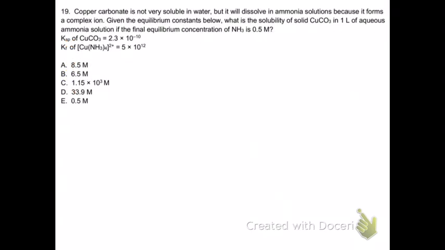In this problem, we're given both a KSP reaction and a KF reaction, and we're asked to find the solubility of copper carbonate if there is ammonia present to help facilitate dissolution. Whenever you're given a KSP and a KF, I recommend you write out both of the reactions. So for KSP, are we making it or are we breaking it?